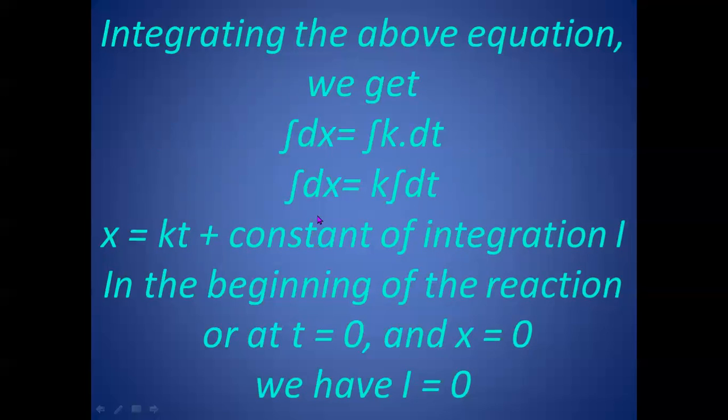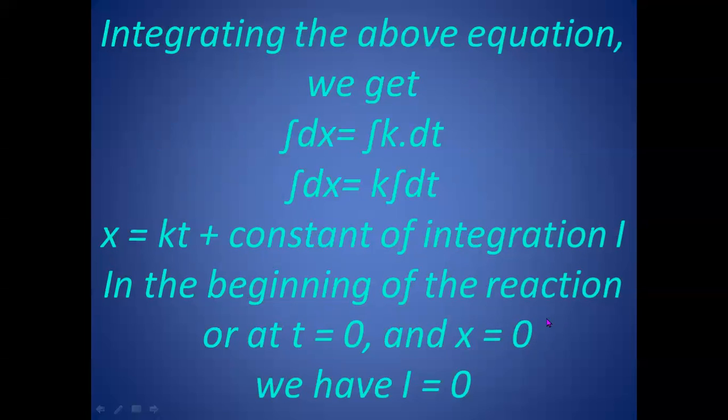So k into t, kt, plus some constant called the constant of integration, I. So the overall equation we get is x is equal to kt plus I, and I stands for the constant of integration. Until and unless we find the value of I, we cannot have a proper equation. For that, as I told you just now, in the beginning of the reaction, at t equal to 0, the product's concentration is 0.